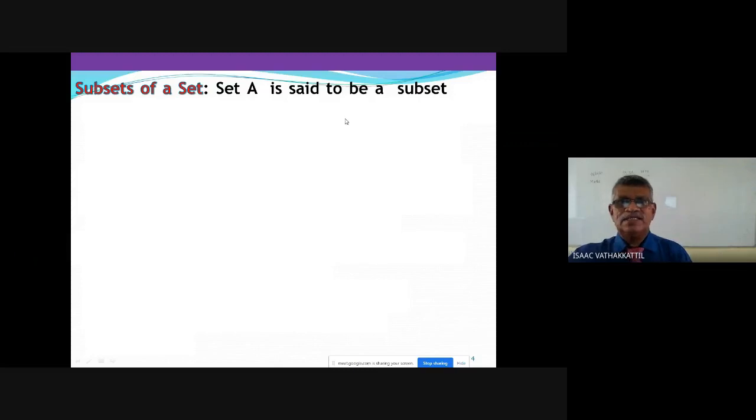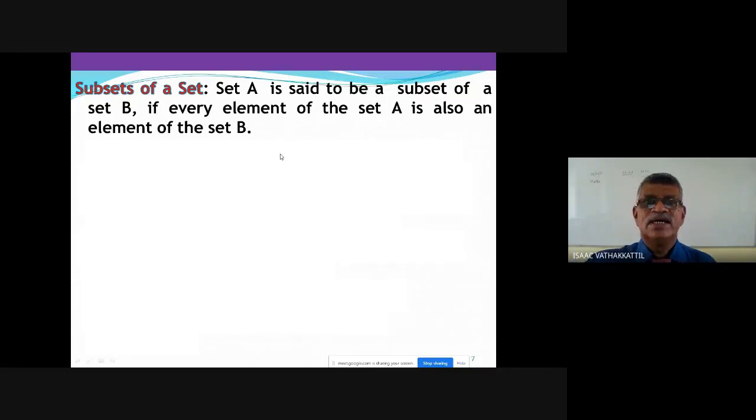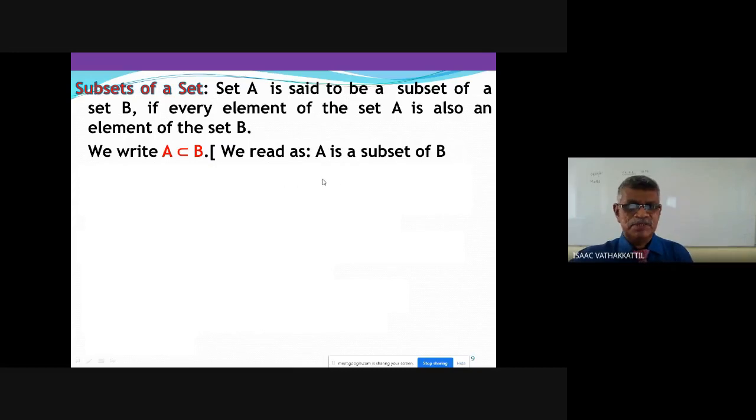A set A is said to be a subset of a set B if every element of the set A is also an element of the set B. All the elements in set A must be members of the set B. Then we say that A is a subset of set B. We read this as A subset B, A is a subset of B.